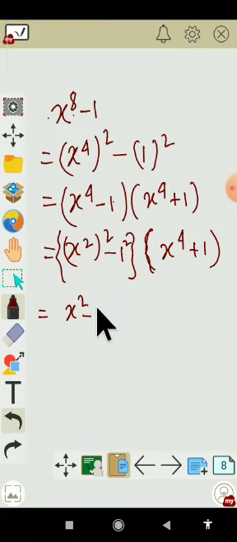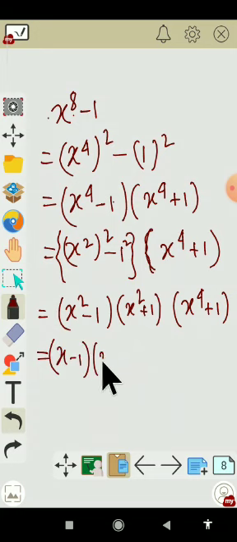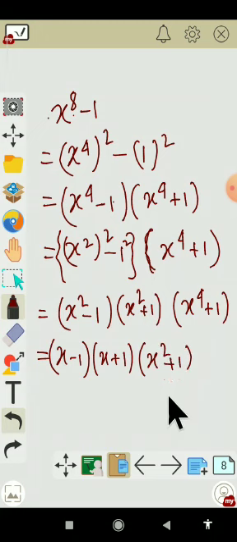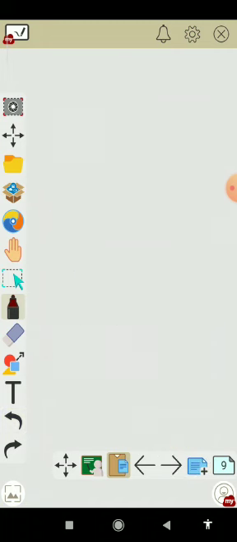So this will give you x square minus 1. So this is the required answer.